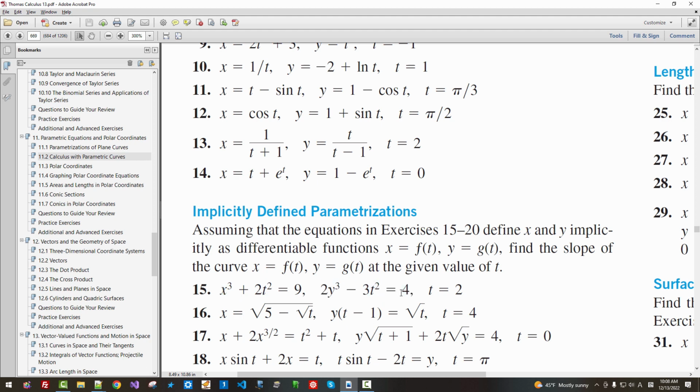This equation contains variables y and t. We want to evaluate the slope of this curve, when x is defined as a function f of t, and y is defined as a function g of t. Solving problem 15 was no problem.